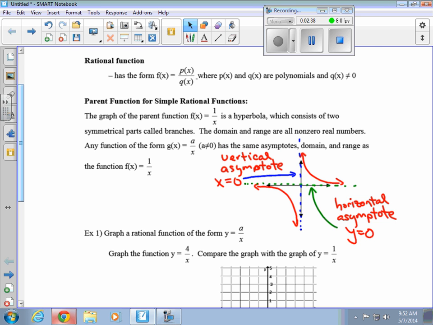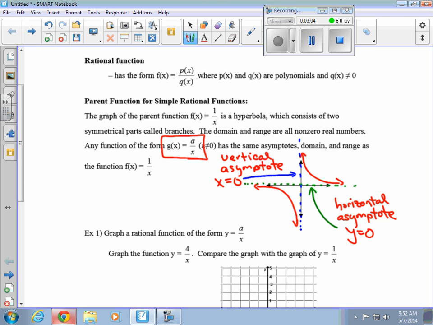So if you see an equation in this form, where you have a number over x, it's always going to be a graph that looks like this. These branches will be a little bit different, but the asymptotes will be the same, the domain will be the same, the range will be the same. They will all be the same. Does that make sense?